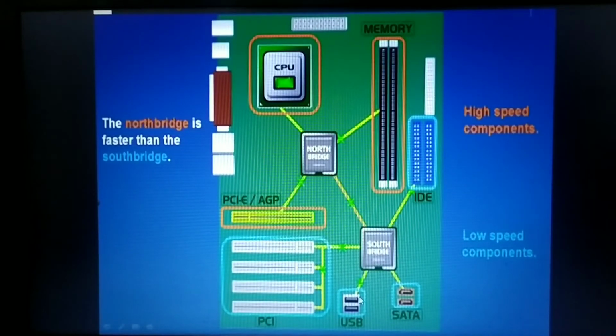Understood? The North Bridge and South Bridge make use of a pathway known as the bus, which ensures the data movement back and forth between the components and provides the maximum data transfer speed between the CPU and the RAM.